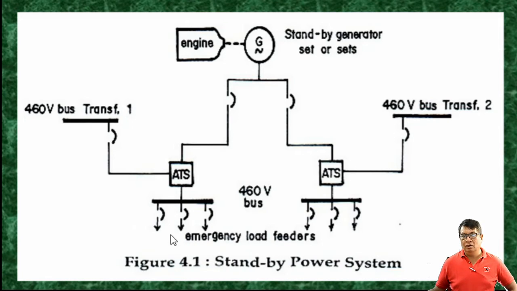So yan sinasabi dito, emergency load feeders, yung mga load na kailangang susuplayan ng energy. Okay, so mayroon tayong dalawang ATS or automatic transfer switch. We have this generator. Okay, standby generator.